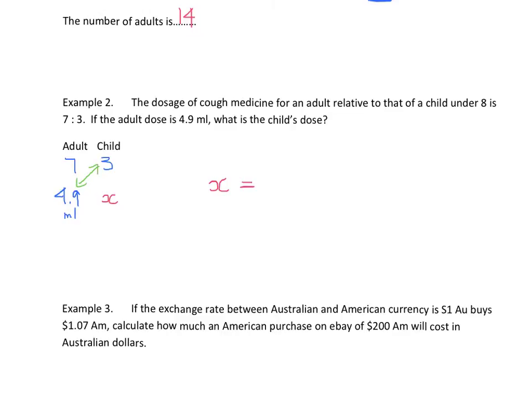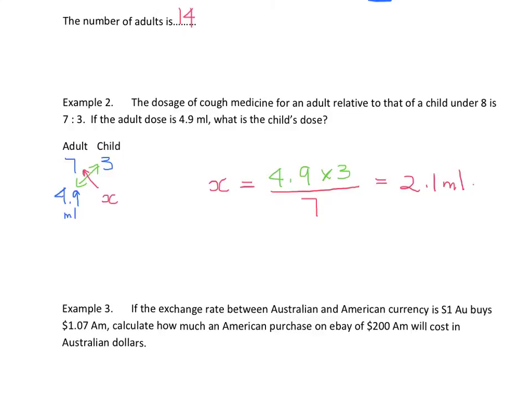So there they are in green. 4.9 multiplied by 3, and that's going to then be divided by the value diagonally opposite the x, which is the 7, and that's going to give you an answer of 2.1 millilitres.